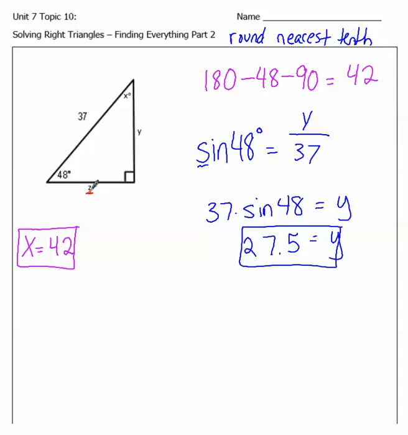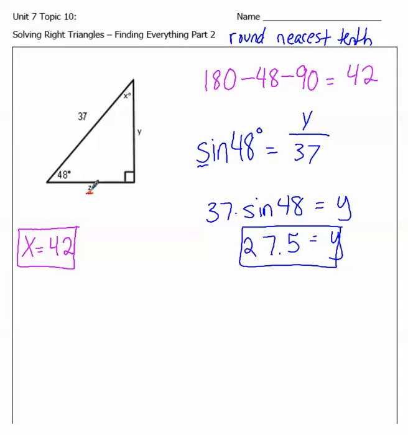But like I said before, you really don't want to use the things that you found unless you absolutely have to, just in case you've messed up or you've had to round. So we're going to use SOHCAHTOA again, and the Pythagorean theorem is out because of that.